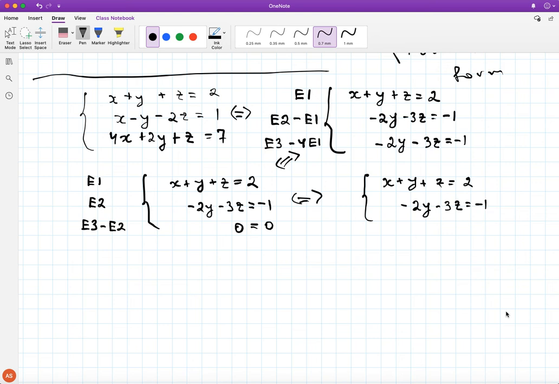What that indicates is that the value of z can be chosen arbitrarily. We say in such cases that z is a free variable. It can take arbitrary values.